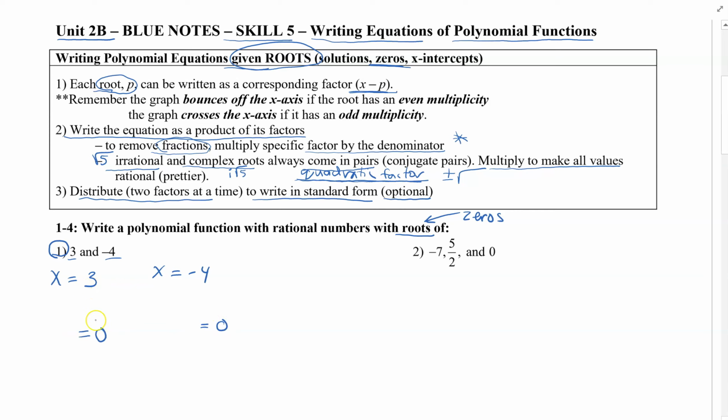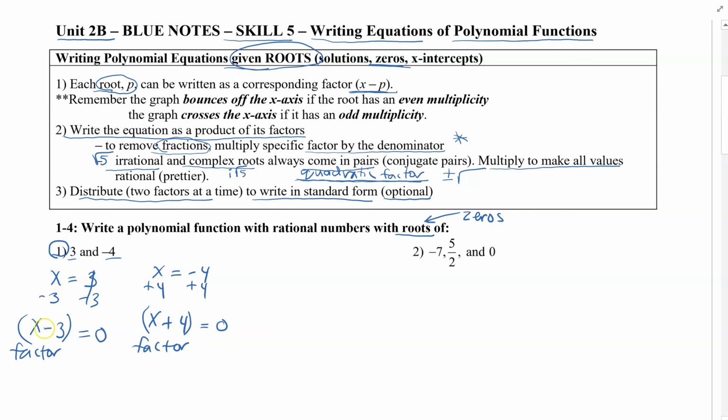So in this case, to get 0 on this side, I'm just going to subtract 3 over. And so what that tells me is that if I have a 0 of 3, I must have had a factor of x minus 3. And over here, to go backwards and sort of unsolve for x, which is kind of weird, but this is just for you to see how we go from having a 0 or a root of -4 to a factor of x plus 4, we sort of work backwards, we unsolve.